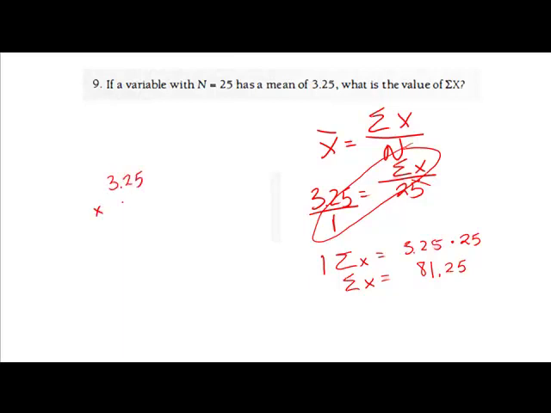Again, thinking back, 3.25 times 25, 5 times 5 is 25, 2 here, 5 times 2 is 10, 2 carry the 1, 5 times 3, there we go.